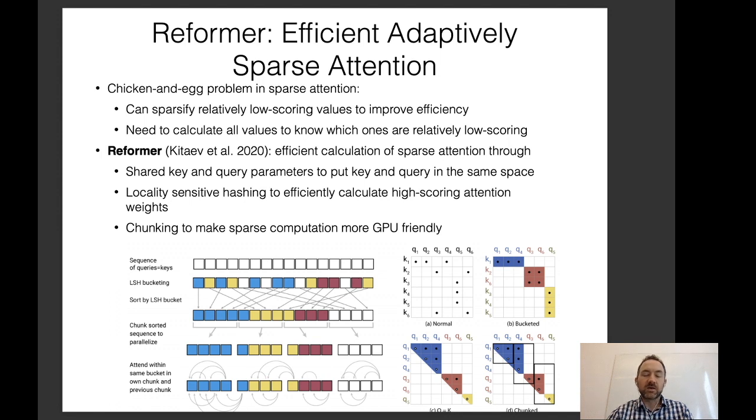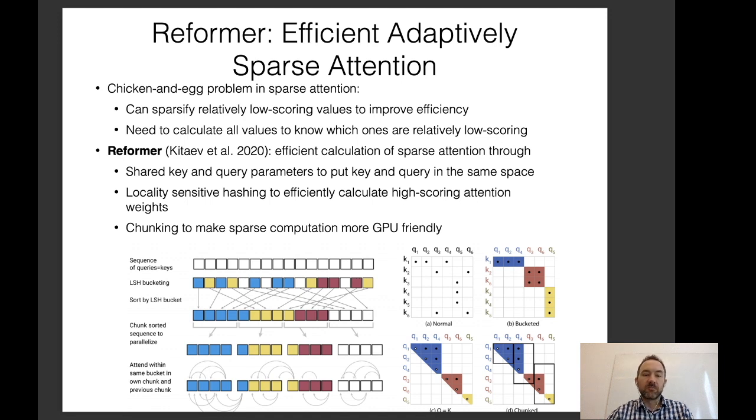So a clever way to handle this is called the reformer. It allows for efficient calculation of sparse attention by combining together a number of tricks, including clever engineering methods that allow you to do this.